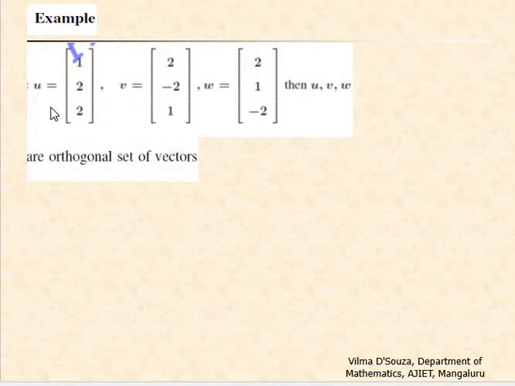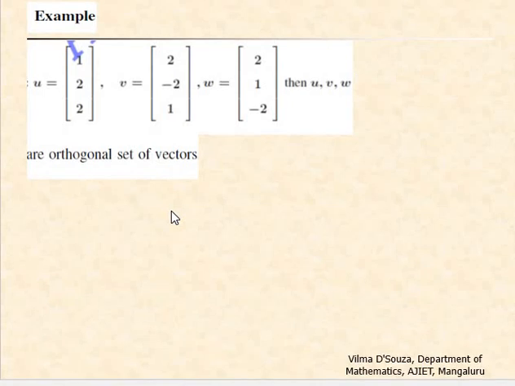Now I have given one example here. u is equal to the column vector 1, 2, 2, v is equal to 2, minus 2, 1, and w is equal to the vector 2, 1, minus 2. Then u, v and w are an orthogonal set of vectors.